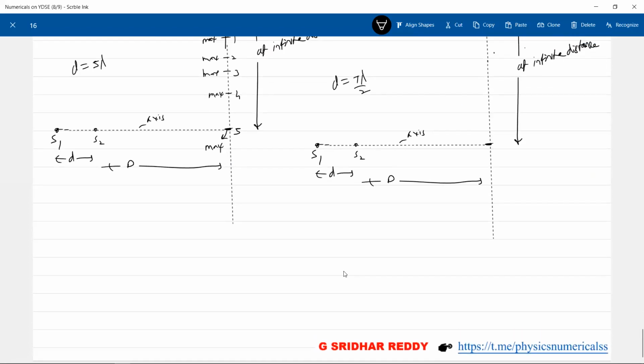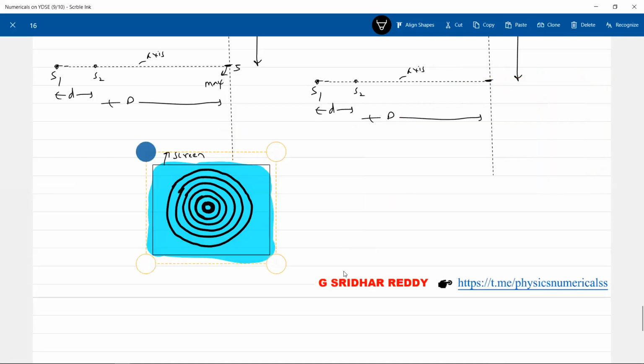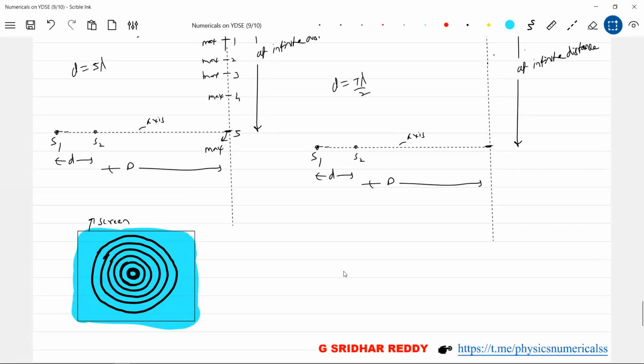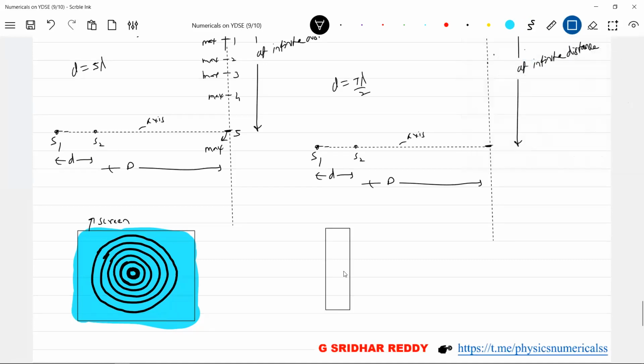Let me paste that pattern. These are very important. A student has to analyze here. There's no other way. Now, what can be the pattern in this case? At the center, a dark spot is what will be noticed. So this chapter is again unlimited. It will keep on stretching as we keep on introducing conditions.